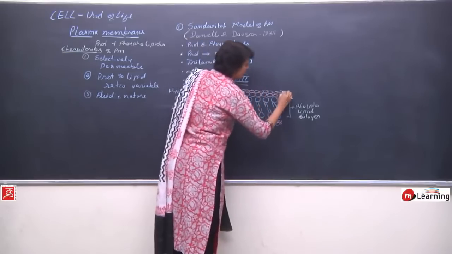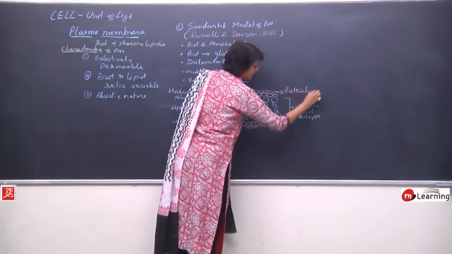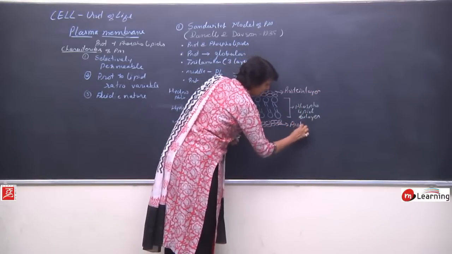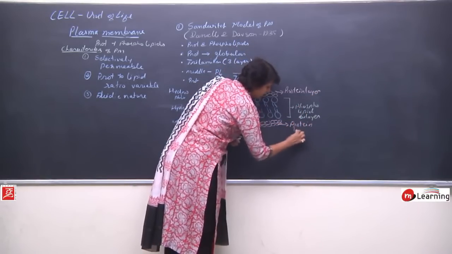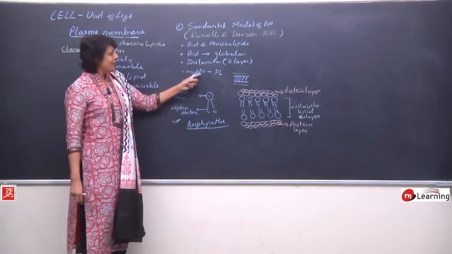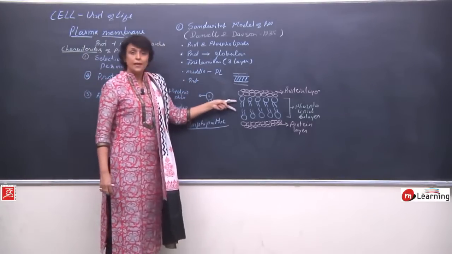So this is a protein layer and on the inner side also a protein layer. So trilamellar structure, as was told by them, that there are 3 layers, the middle layer of phospholipids and these 2.